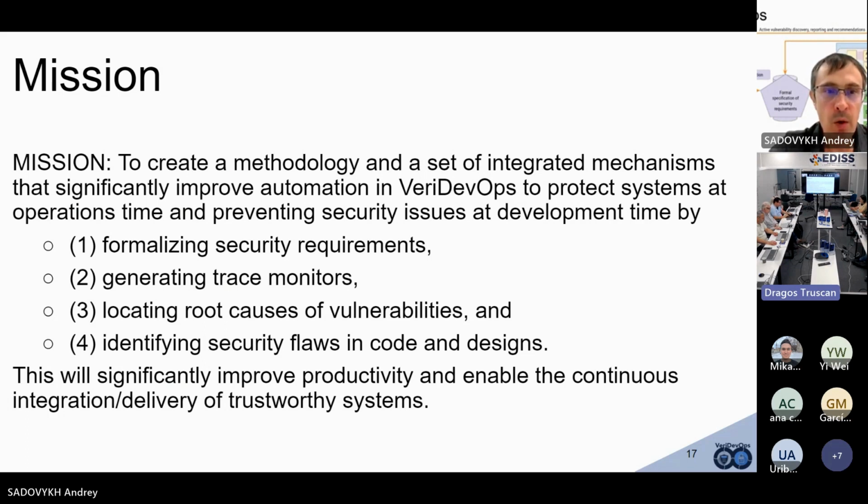So our goal is to improve productivity significantly within the continuous integration and delivery processes to build trustworthy systems.